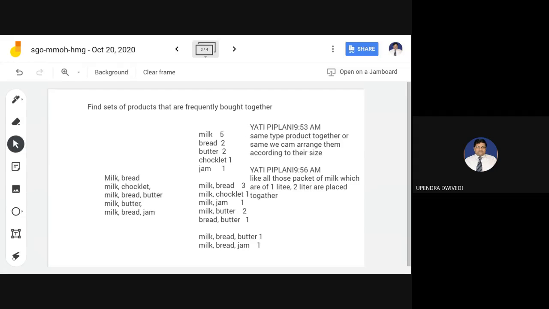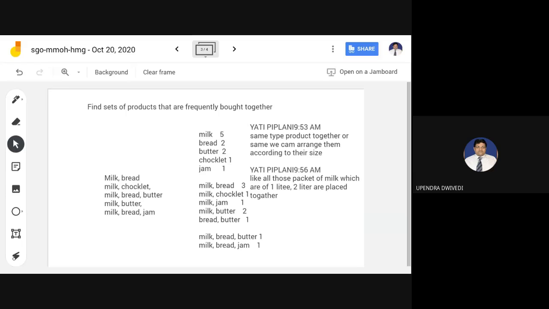But here we are trying to find the dual or triplet item sets, where if a customer is buying item A, we want to find the possibility of buying item B. If a customer is buying items A and B, then what is the possibility of buying item C? We can do it by taking more items together and trying to find their frequent occurrence pattern within the whole data set.